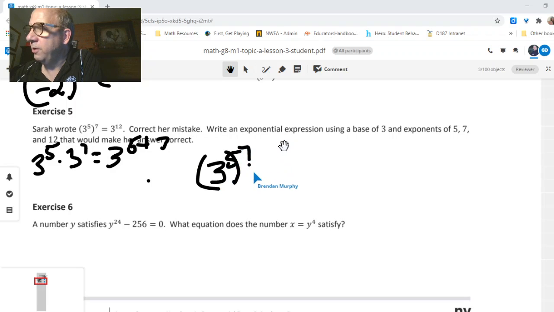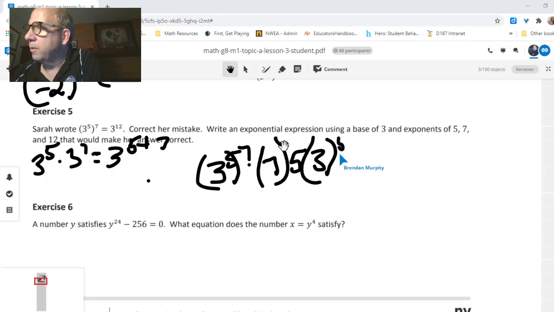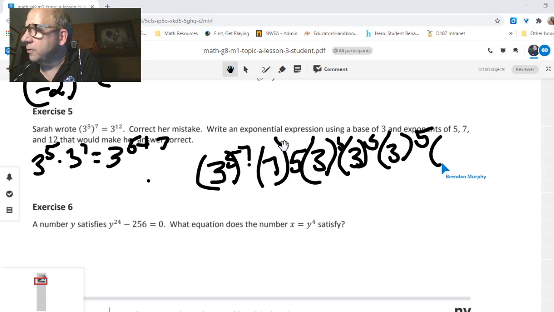So it's 3 to the 5, 3 to the 5, 3 to the 5, 3 to the 5th power, 3 to the 5th power, 1, 2, 3, 4, 5, 6, and 7.